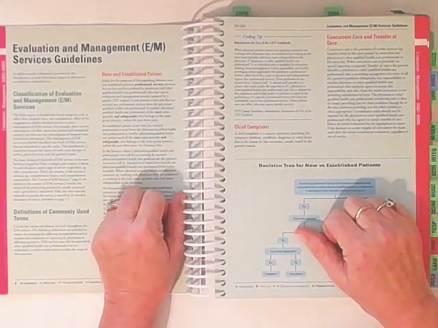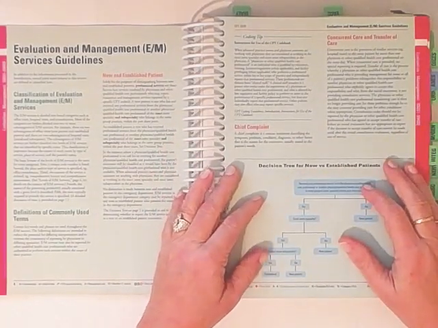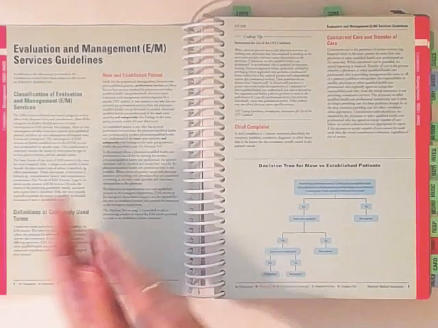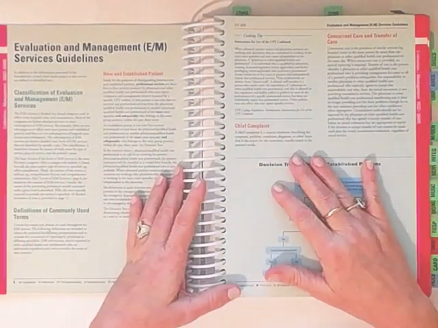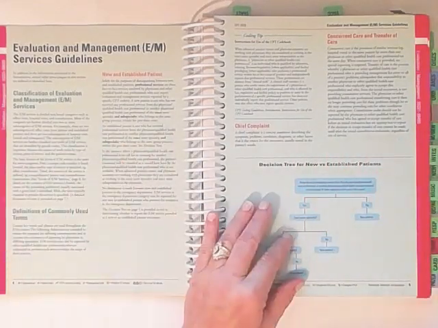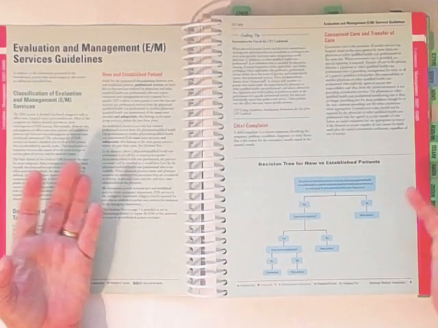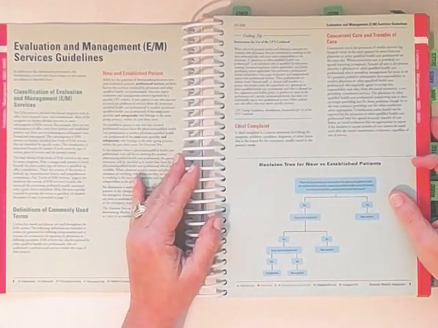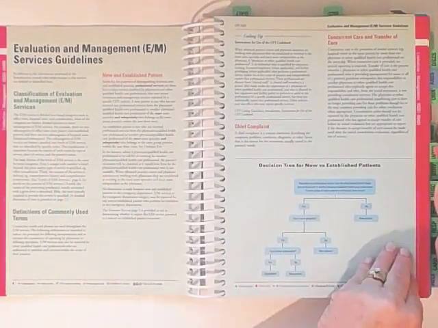So unlike the ICD-10 manual, when we cover it, all of the guidelines for ICD-10 are in the very front of the ICD-10 and apply to the whole manual. For the CPT, every section that you'll tab has its own particular set of guidelines. So this would be the guidelines pertinent to evaluation and management.